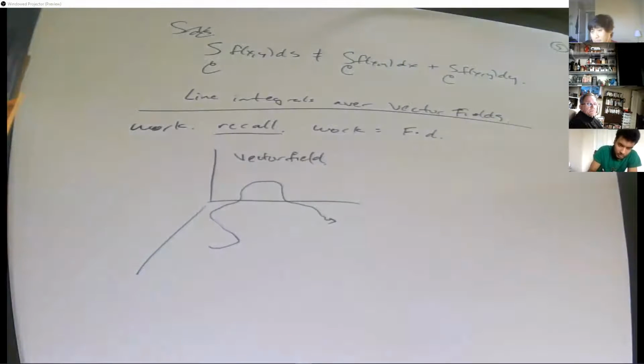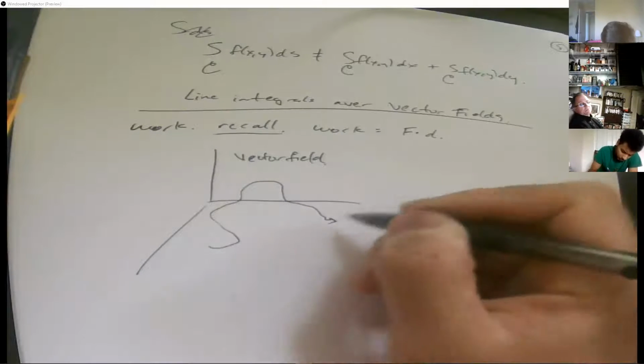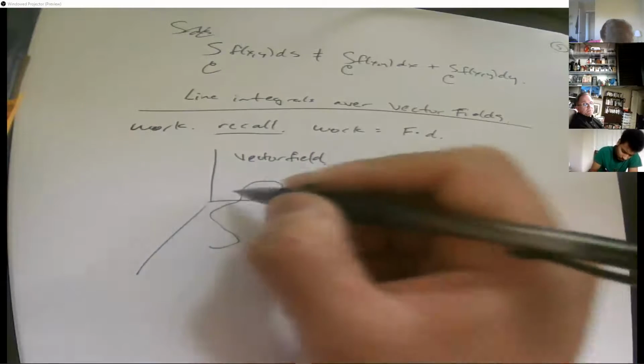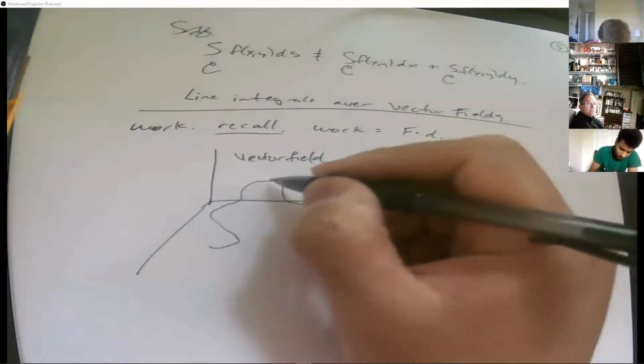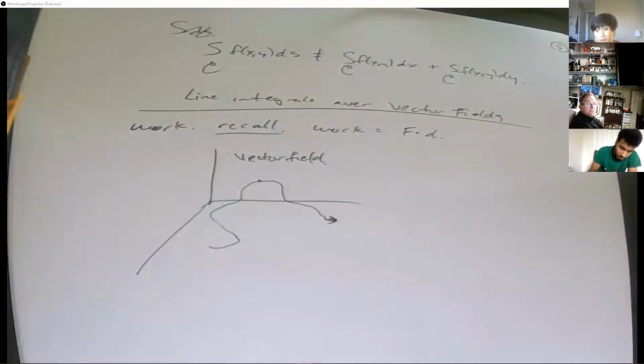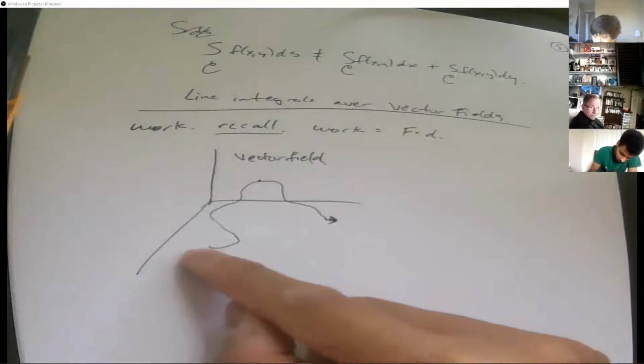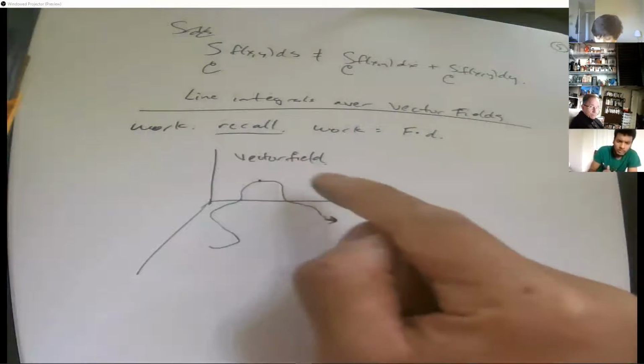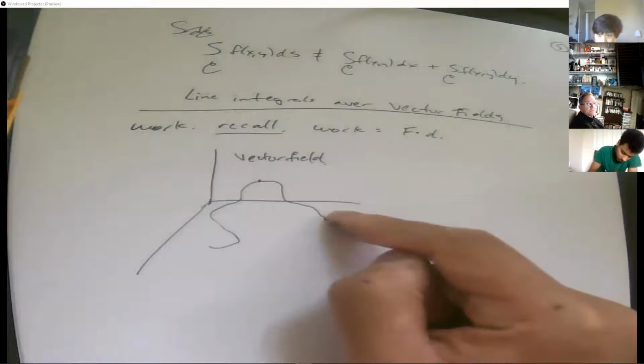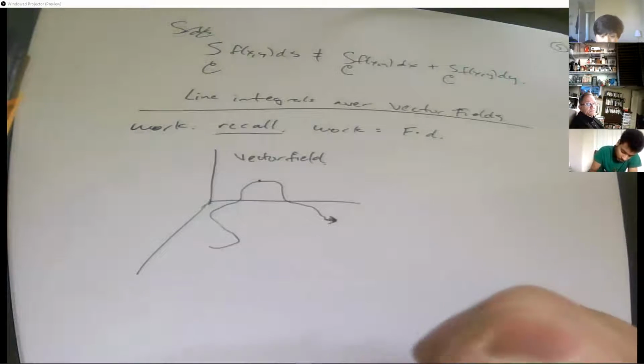I don't want to draw all this stuff in here to make the picture really ugly. So then if I'm right here, let's say my vector field varies, obviously, and my displacement vector also varies, right? My displacement vector is not always pointing in the same direction, and my vector field may be stronger here or weaker here, right? So I want to compute the work done.